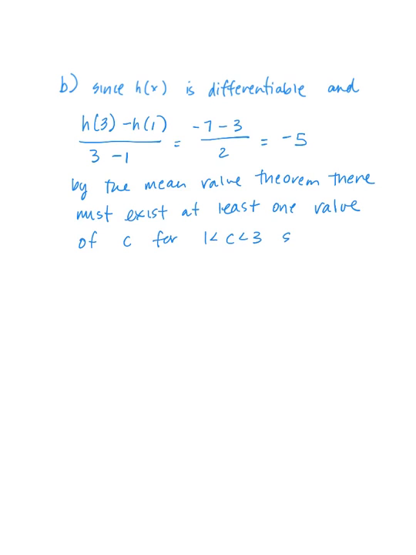And again, this comes right from the actual question. One value of c such that h prime of c has got to be equal to negative 5. That's the slope of the tangent line has got to be equal to the slope of the secant line.